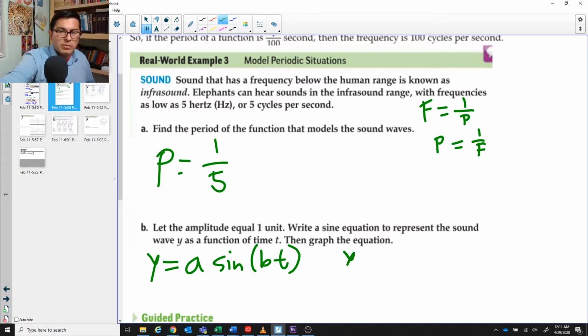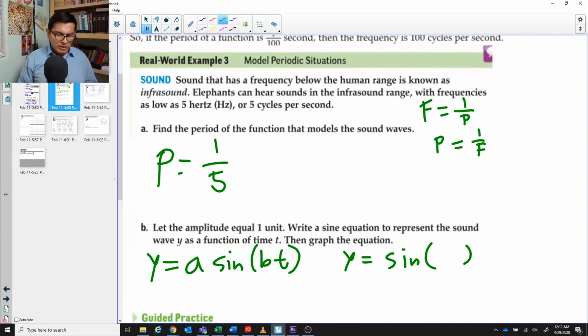We're going to say y equals 1 sine of bt. So what are we going to place in for b? Now we have to write out the equation that we knew beforehand.